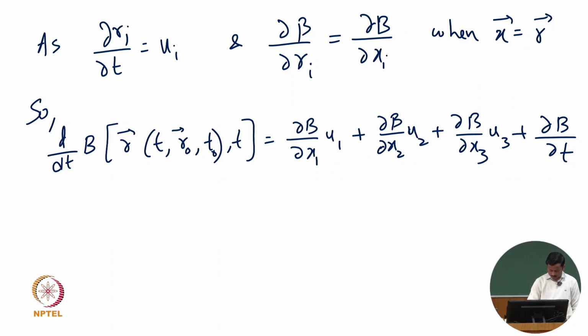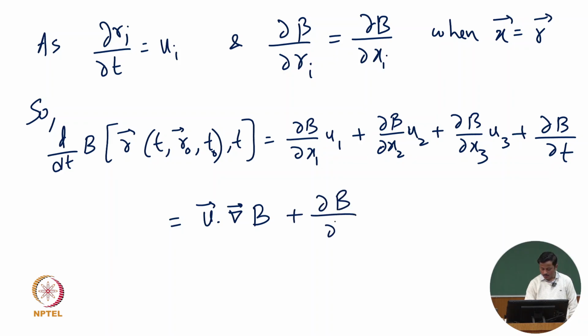So now these can be clubbed and written as the u vector dot this new symbol that I have introduced. Probably some of you are familiar. This is the del operator, a vector operator, acting on B, plus the rate of change of B with respect to time, and this is given a form which is given by capital D Dt.